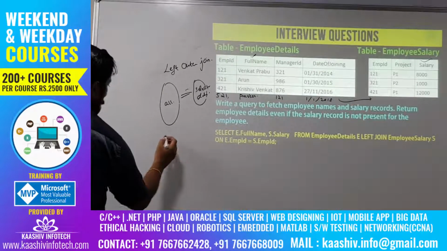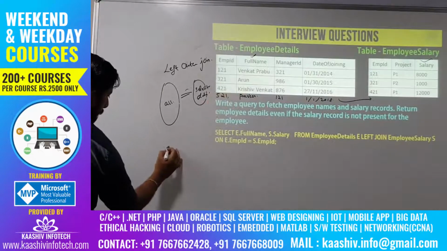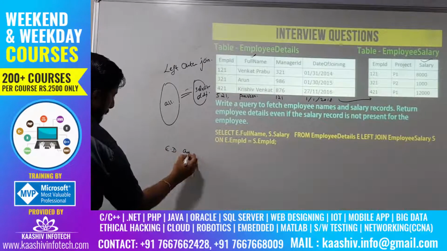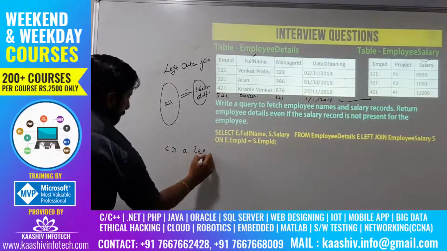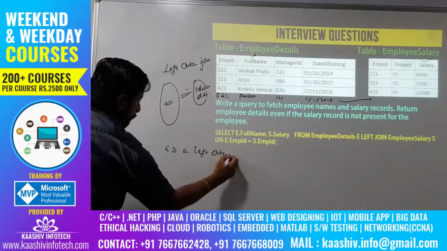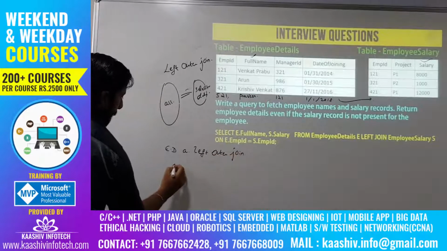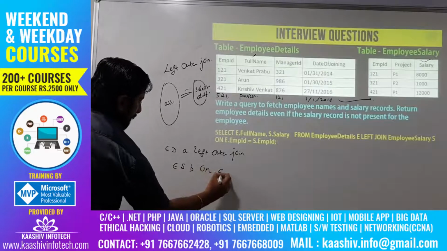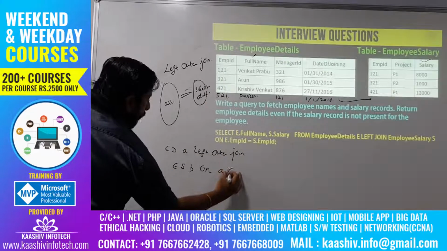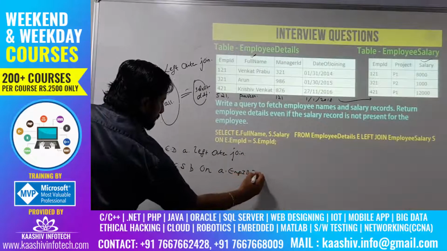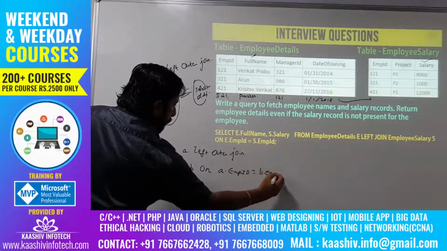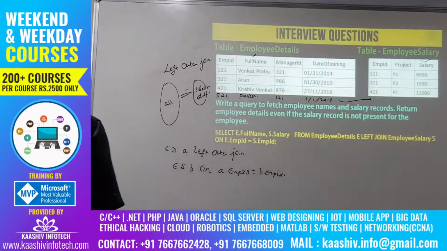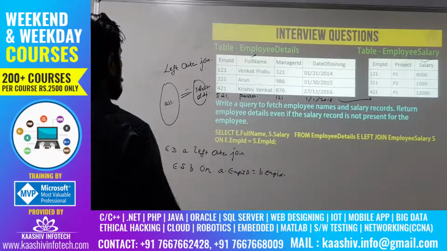So this is how I'm going to write the query. I need to join two tables, right? Employee details as A, left outer join employee salary as B on A dot employee ID is equal to B dot employee ID. Now what do I want?